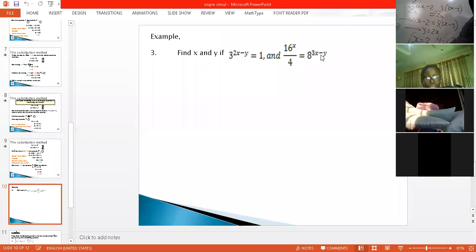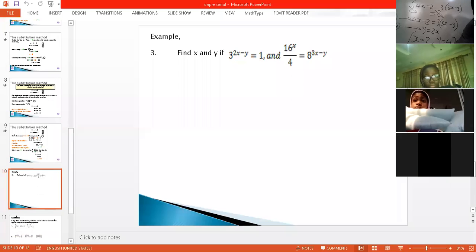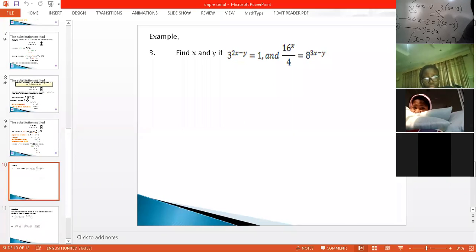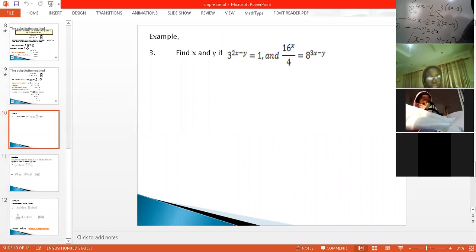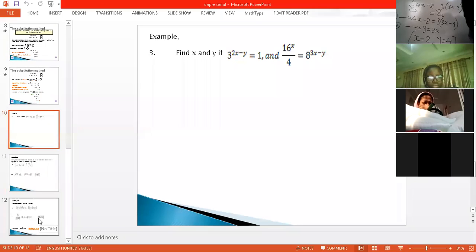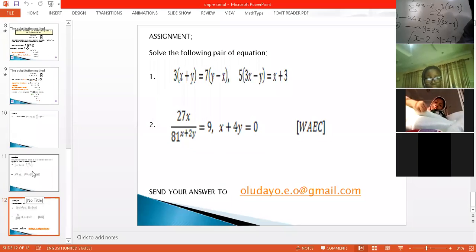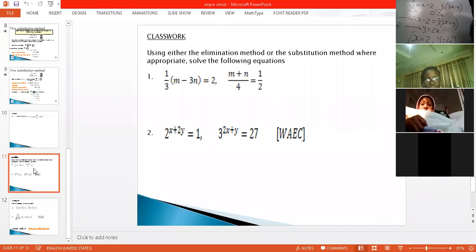Okay, so I want you to try this. Now Nifemi, you have tried this last time, so I want you to try using the substitution method.